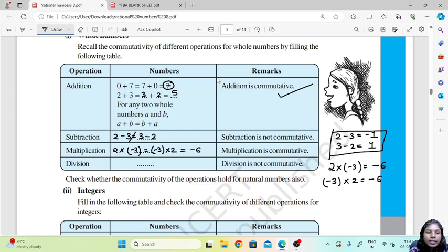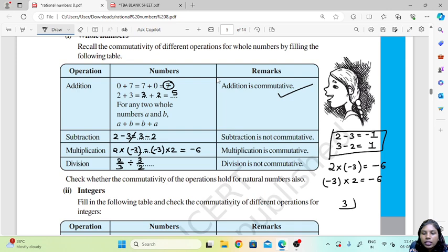Next let's look at division. Say I have 2 upon 3 divided by, in reverse, 3 upon 2. The answers for 2 upon 3 and 3 upon 2 will be different.